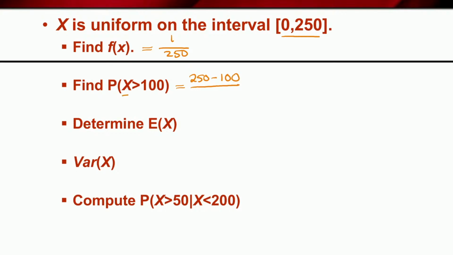That's what it means to be bigger than 100. And so that length is 150. And then on the bottom, I just have 250, that's the entire interval. You would get the same thing if you set up an integral from 100 to 250 of 1 over 250 dx.